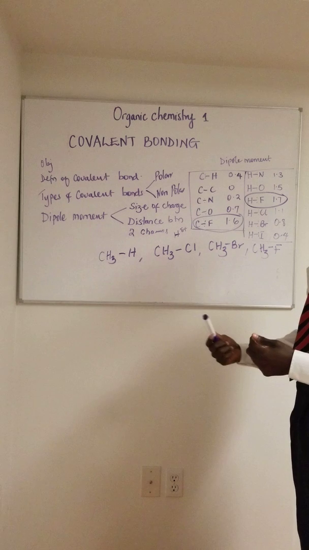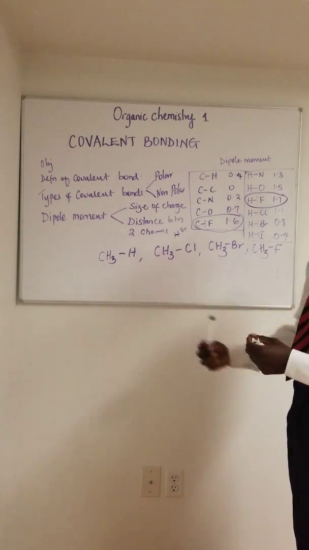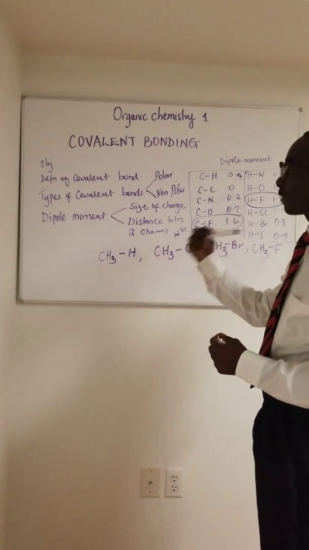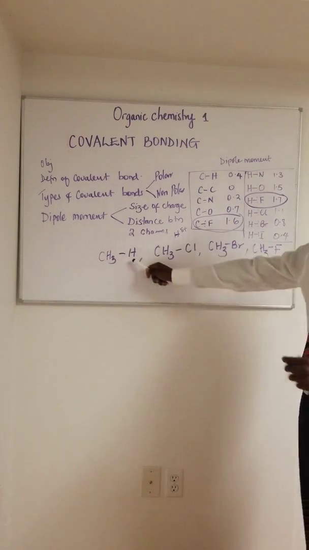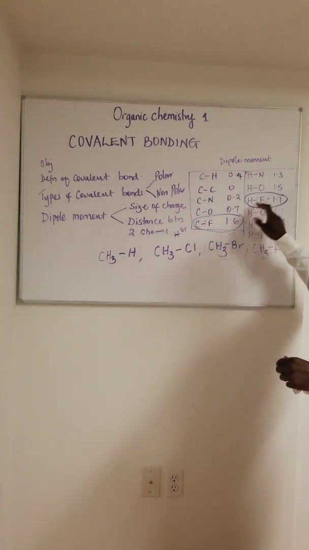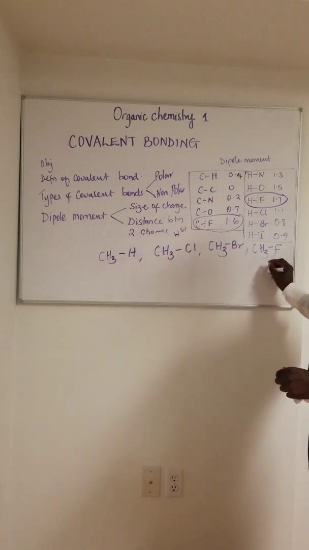The more electronegative the atom is, the more it pulls electrons towards itself, and the larger the dipole moment. So when we look at this, we shall first select fluorine because it is more electronegative than all of these elements. So this will be number 1. That will be our answer.